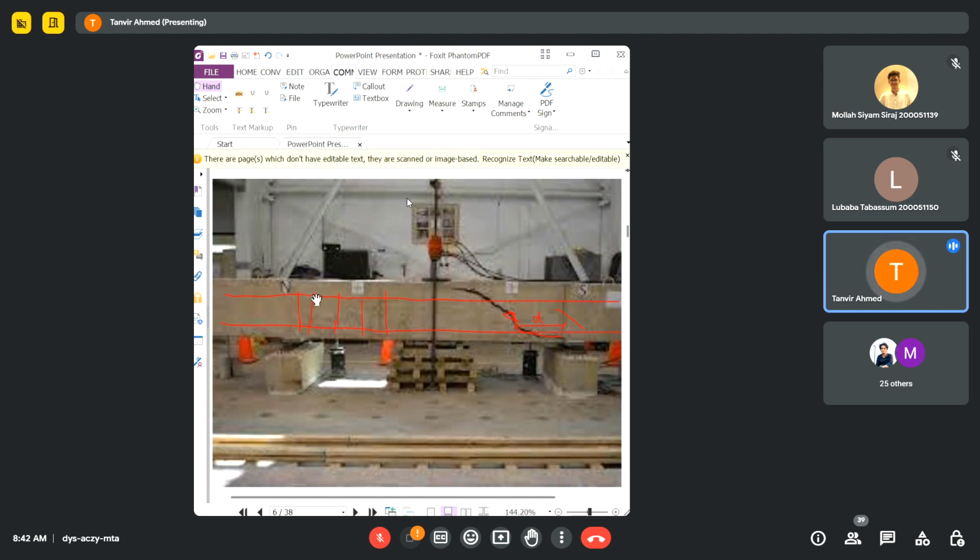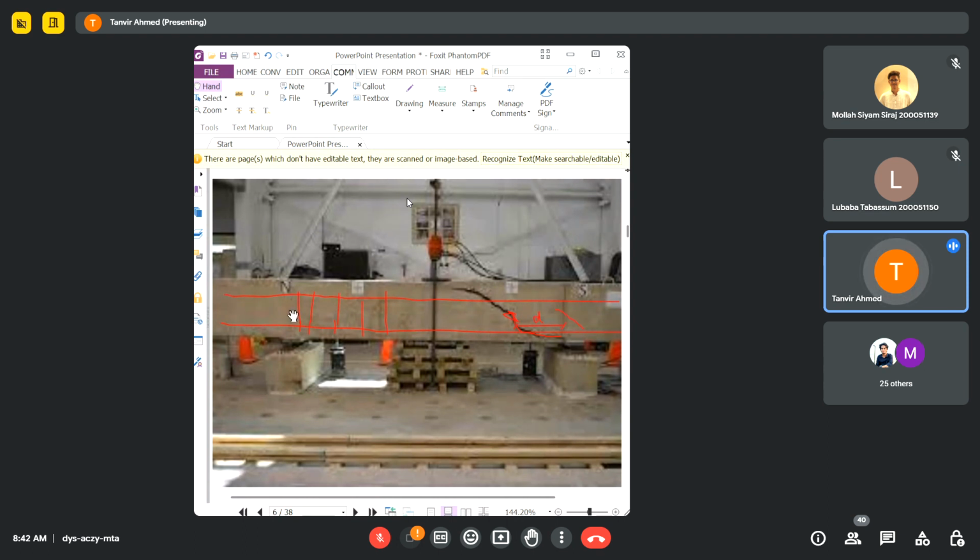These vertical stirrups, these red lines, these are the shear reinforcement, and this part of the beam you don't have any shear reinforcement. So what happens in this part, you see the crack. This crack is very large, and it looks devastating, so it can at any time cause the beam to fail very badly.